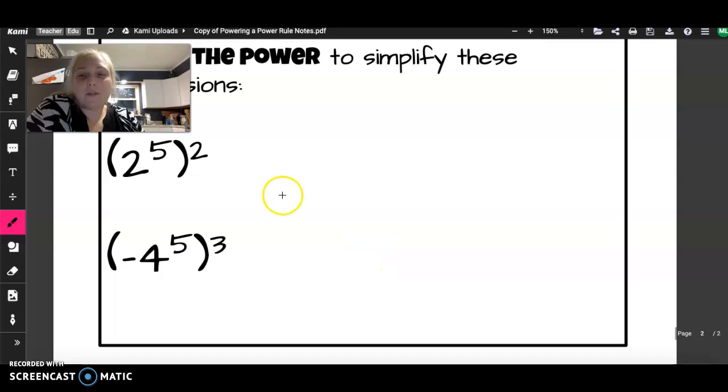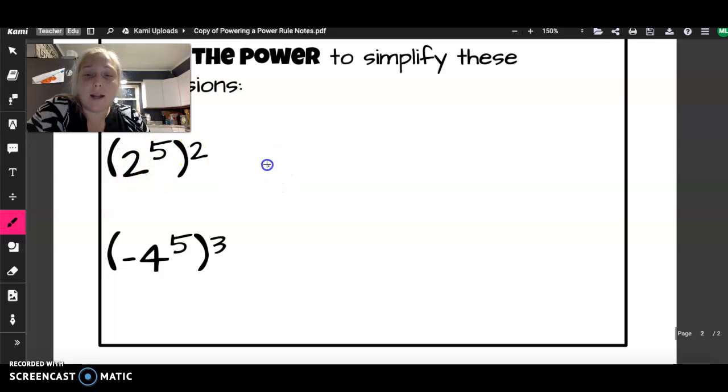So this time you should have tried out these expressions, this powering of the power using your power rule, and you should have done it without expanded form. So we think to ourselves, if our rule says that if we have 2 to the 5th power and it's being raised up to the 2nd power, we have to think, what do we do with the base?